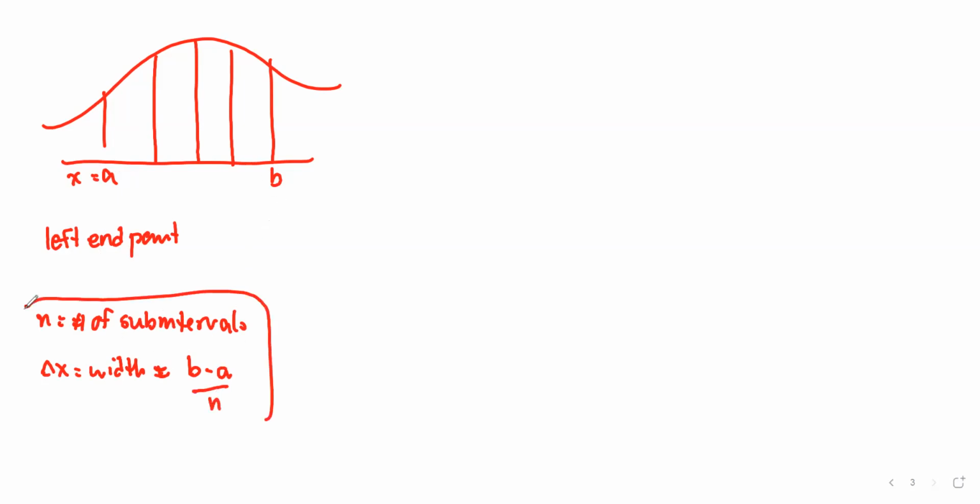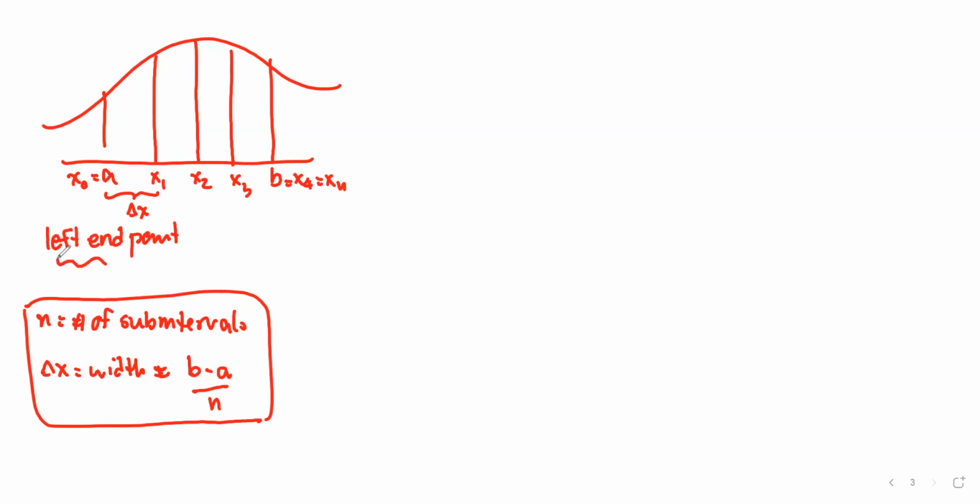So in all three cases, you use the same formula. For this case, this is the portion of delta x, and then the first one we name x0, and then x1, x2, x3, and this is x4 or xn.